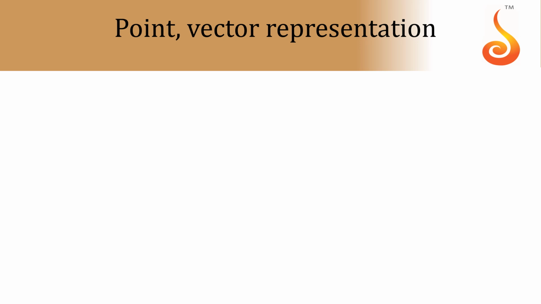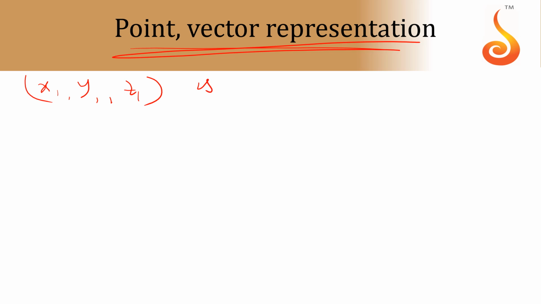Point and vector representation. If you understand this, there is a very clear bridge between 3D and vectors. Suppose I say x1 comma y1 comma z1 is a point. So it's a purely Cartesian, 3D structure.